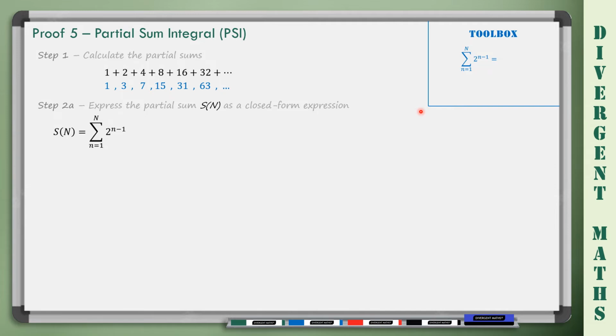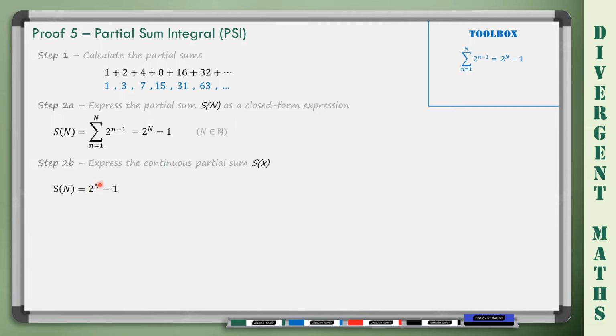The sum of the uppercase N first terms of that geometric series is equal to 2 to the N plus 1, minus 1. Let's take that value and plug it in, N being a natural number from any value from n equal 1 upwards. Step 2b, express the continuous partial sum S of x.